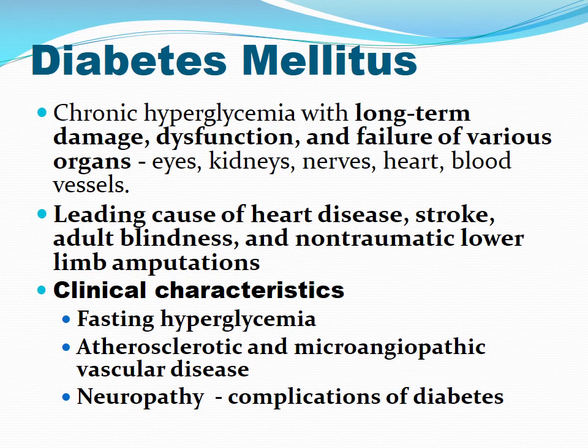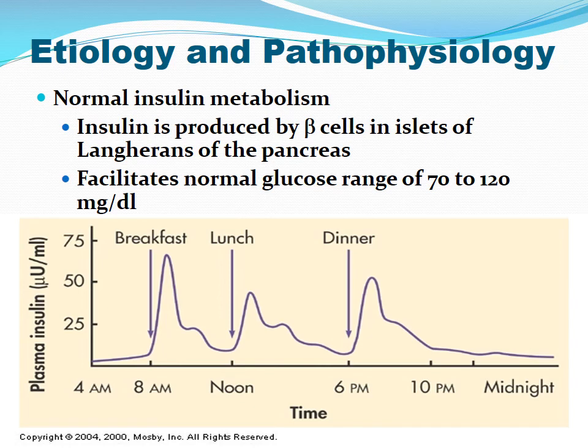Clinical characteristics of diabetes mellitus: usually fasting hyperglycemia, arteriosclerotic and microangiopathic vascular disease, with nephropathy, which is a complication of diabetes.